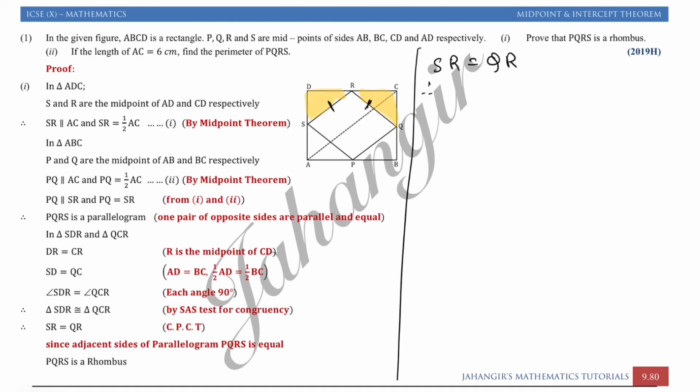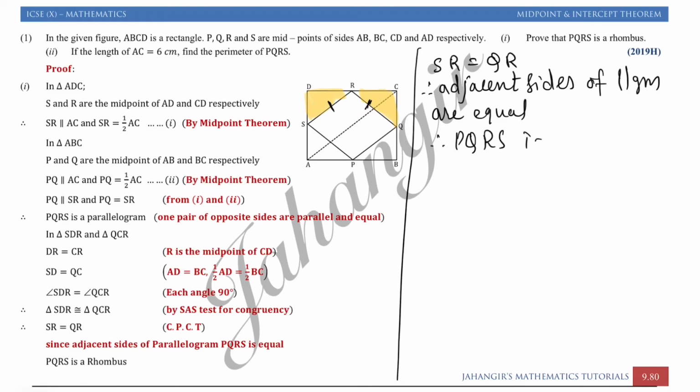So therefore adjacent sides of the parallelogram are equal. So therefore PQRS is a rhombus.